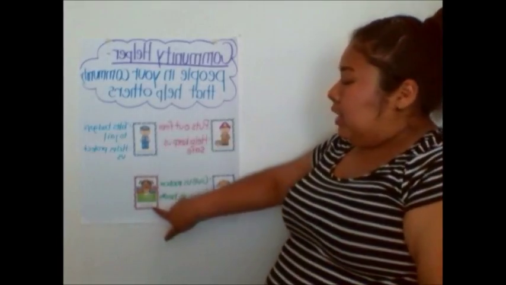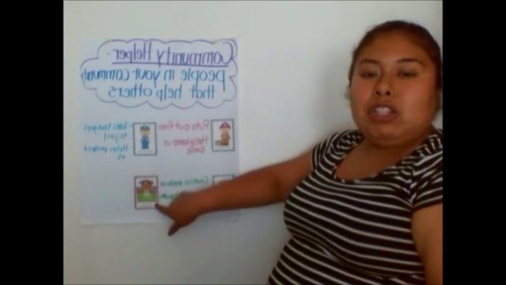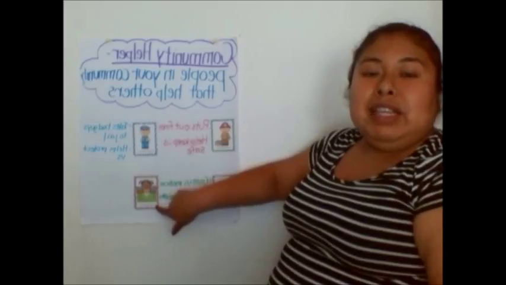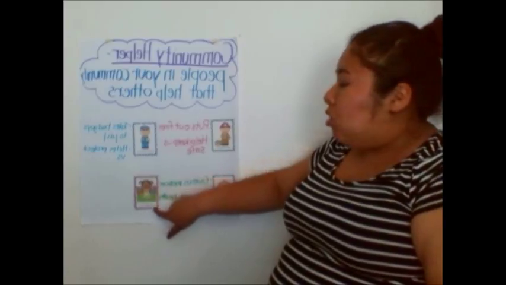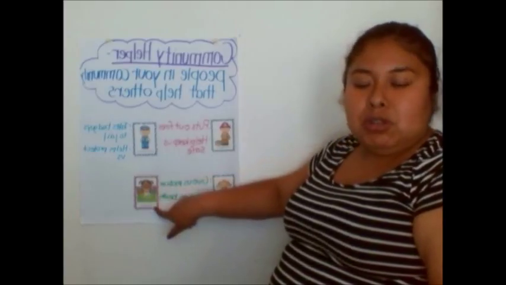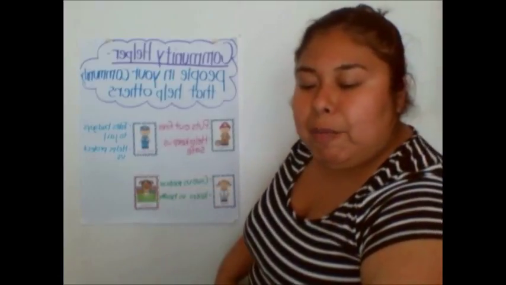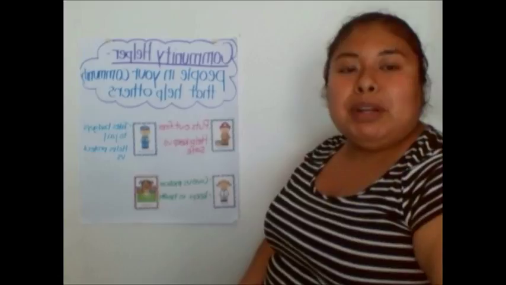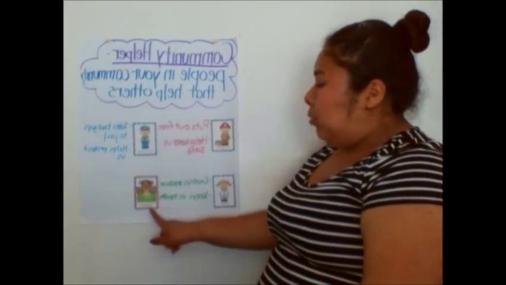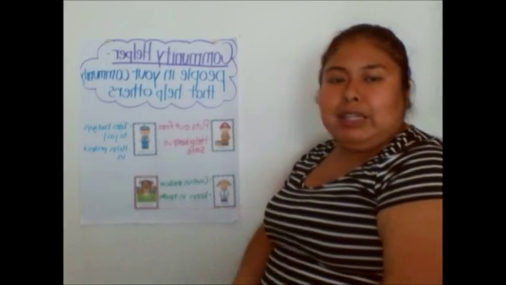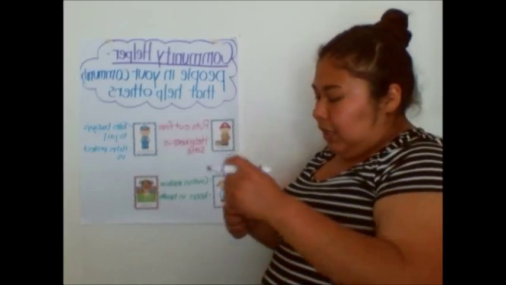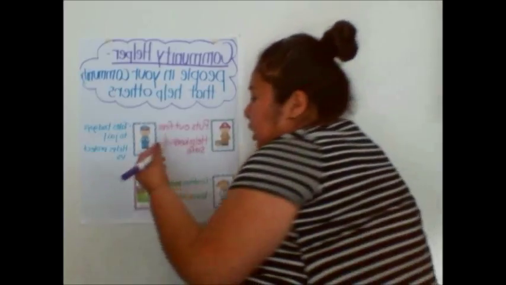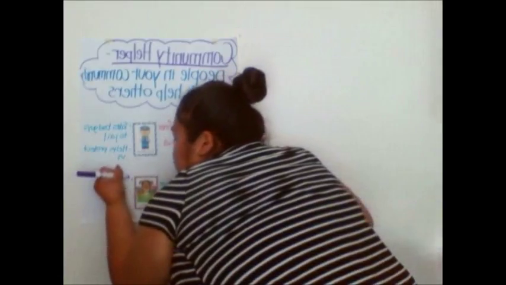Our last community helper on our anchor chart is a librarian. A librarian we see in our school. What does a librarian help us do? Or how are they a community helper? So what does a librarian do, Jackie? You're right. A librarian reads books to us. So let's write that.